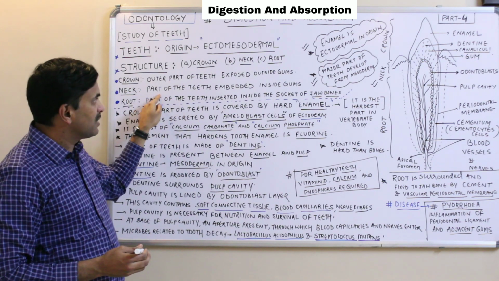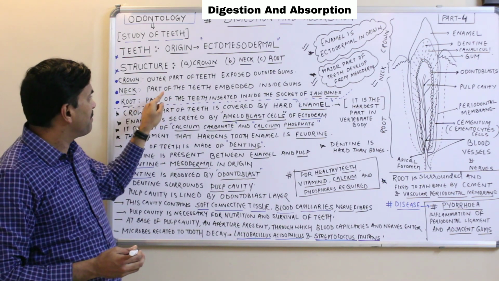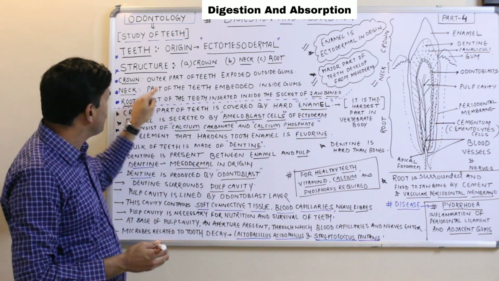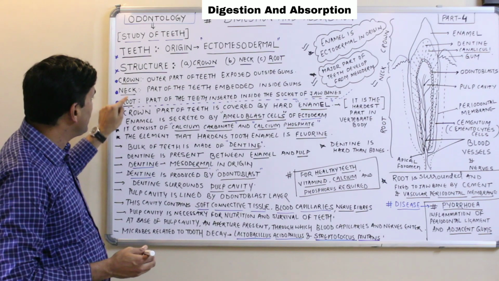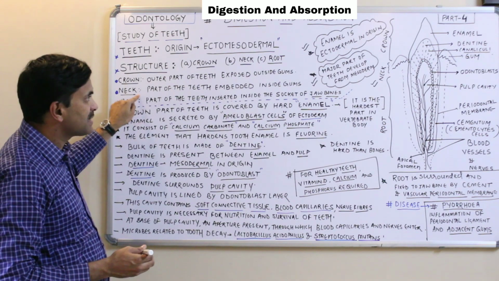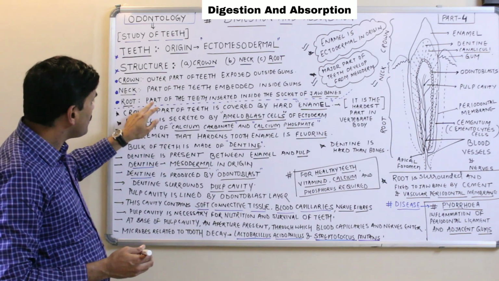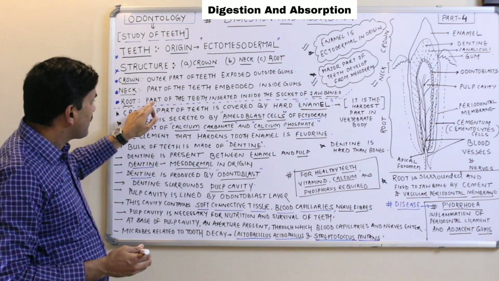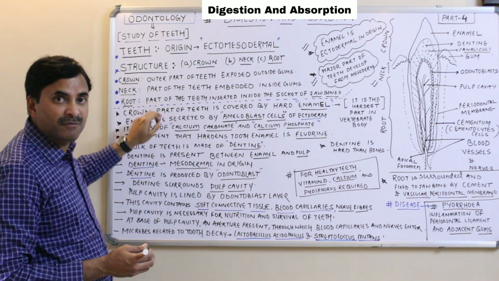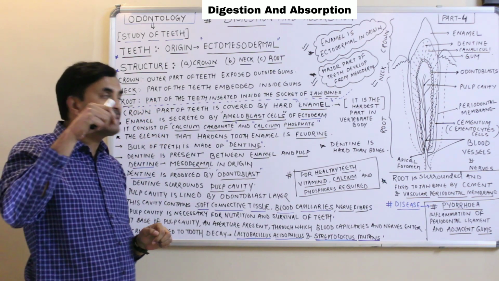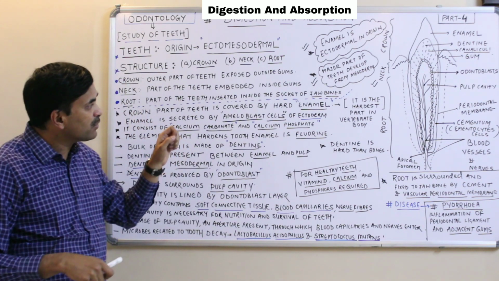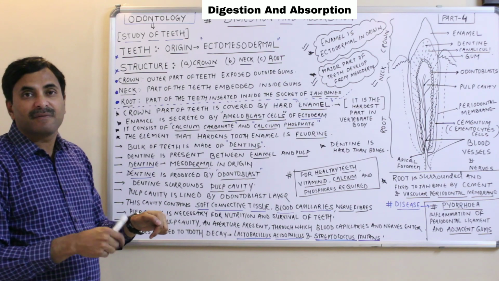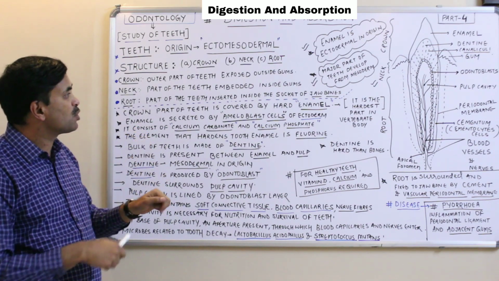It is called the neck, or I can say the part of the teeth which is found between the crown and the root. And the last one is the part of the teeth which is inserted inside the socket of the jaw bones, or embedded in the socket of the jaw bones.